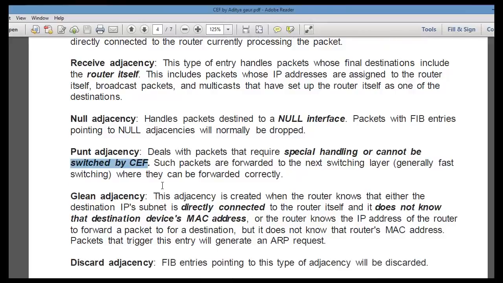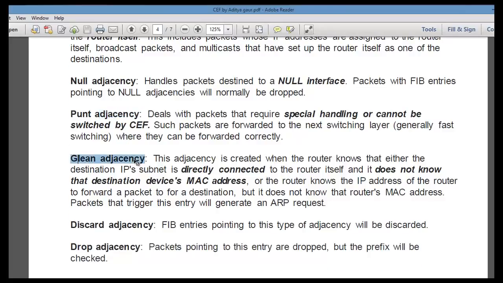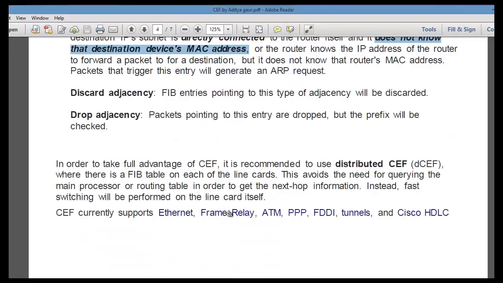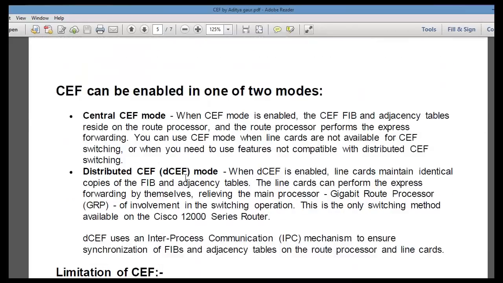Cisco Express Forwarding may not work with such kinds of packets, so that also creates an adjacency known as punt adjacency. Glean adjacency is for directly connected destinations that do not have the destination MAC address. All those things I have described in this PDF.